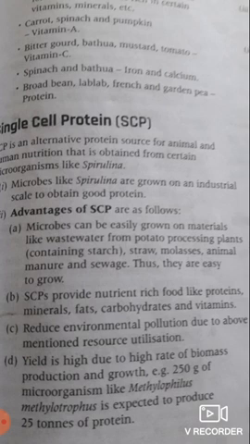For that, people have started to grow them, because there are different advantages. First of all, how can we increase productivity? SCP has specific advantages for the development of protein. It is easy to grow, because these microbes can be grown on materials like wastewater from potato processing plants, straw, molasses, animal manure and sewage.